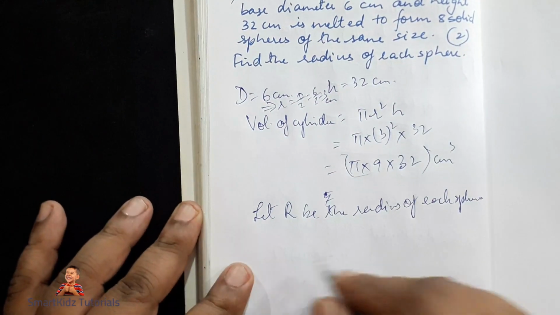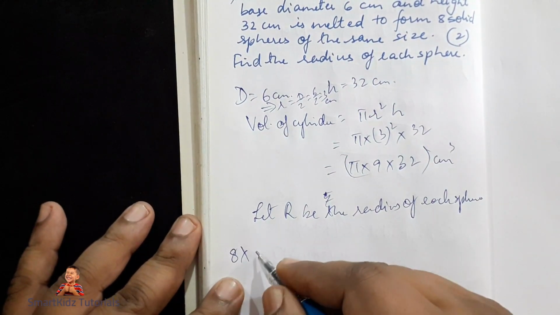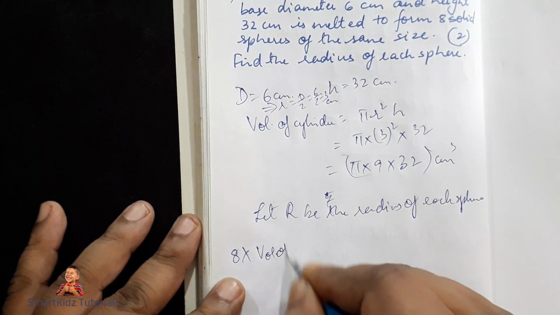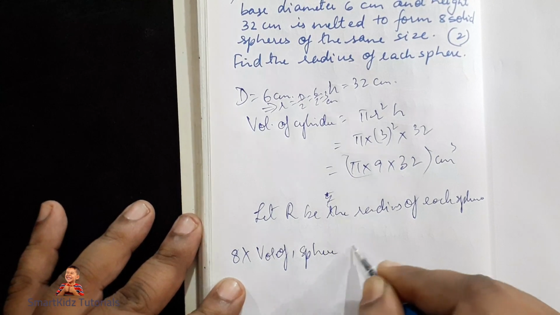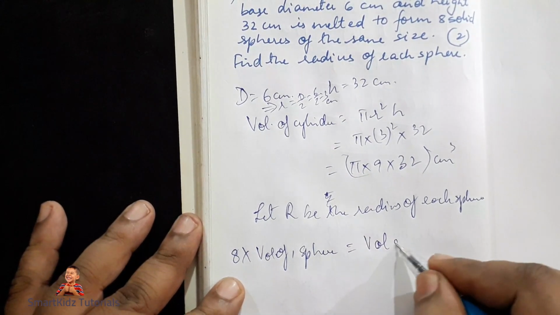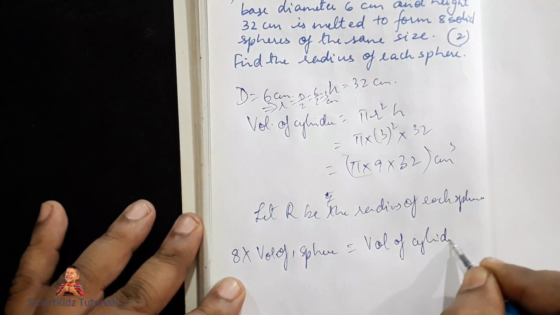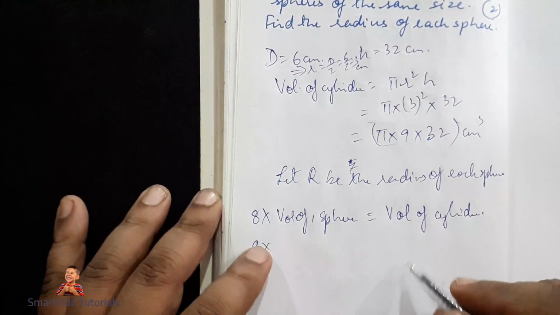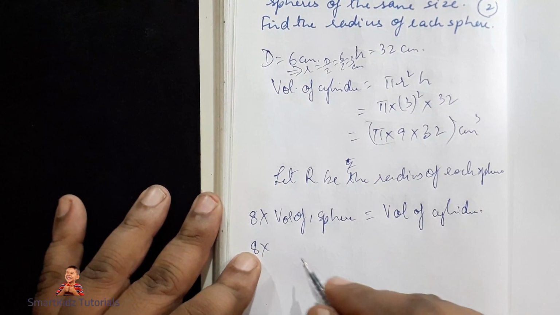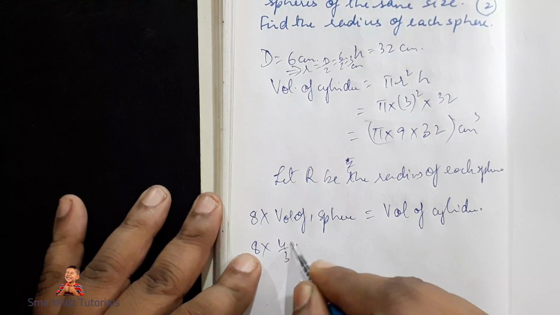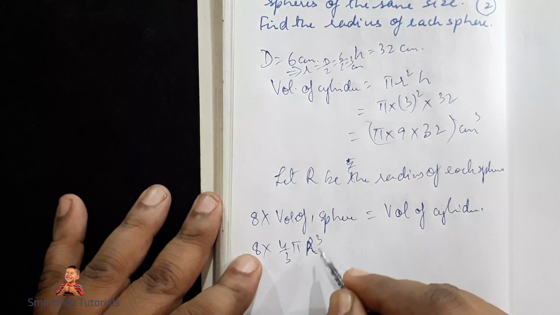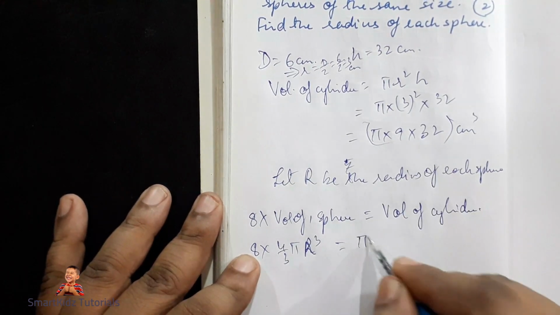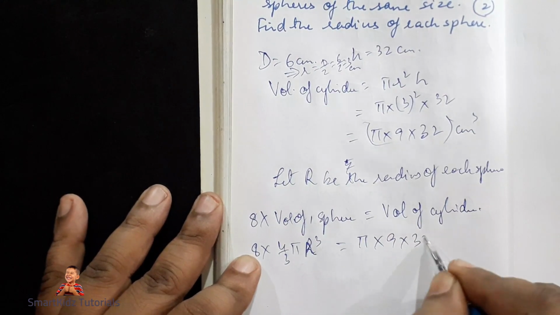So 8 into the volume of one sphere will be equal to the total volume of the cylinder. The formula is 4 by 3 pi R cube, so 8 into 4 by 3 pi R cube equals the volume of the cylinder, which we found, pi into 9 into 32.